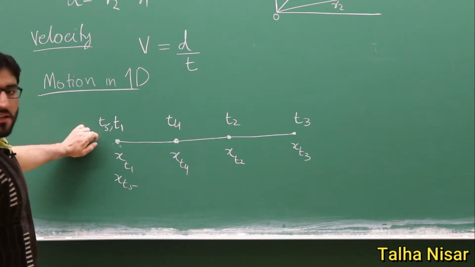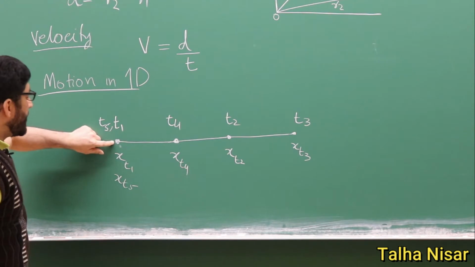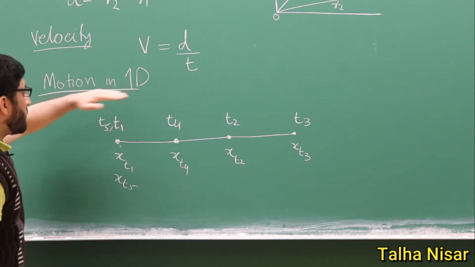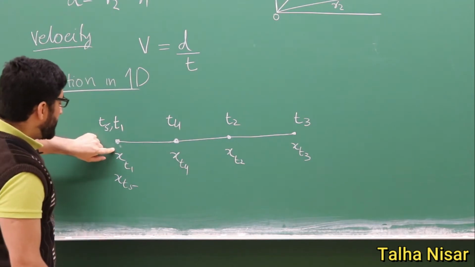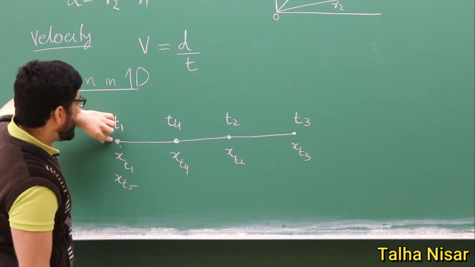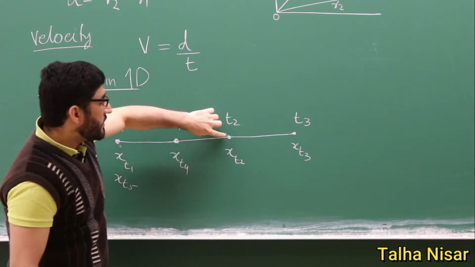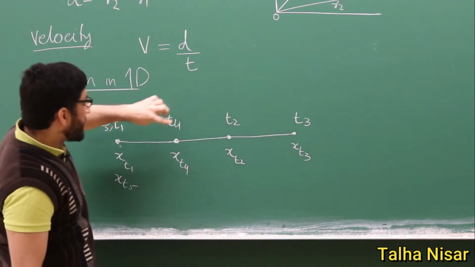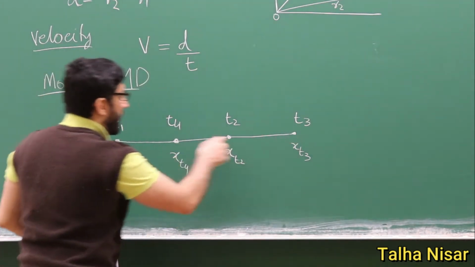This object might be a car, for example. This is in one dimension here. Initially it was at t1, x1, then it moved from x1 to x2 here, then x3, and it comes back here and here. So the trip is like from here and it comes back.